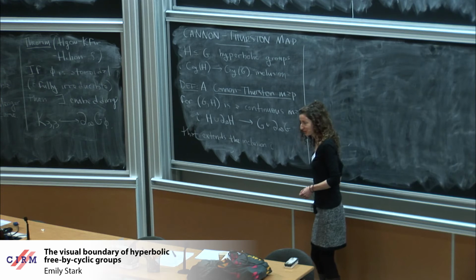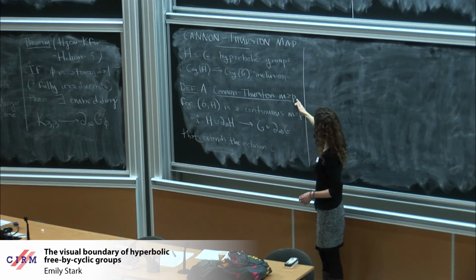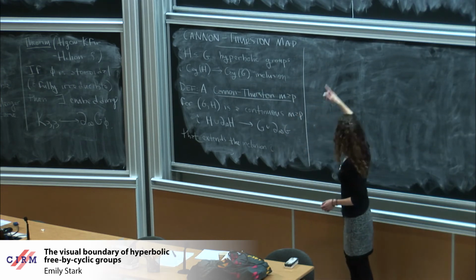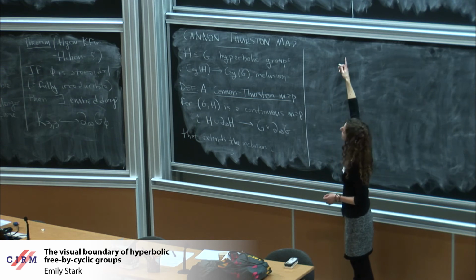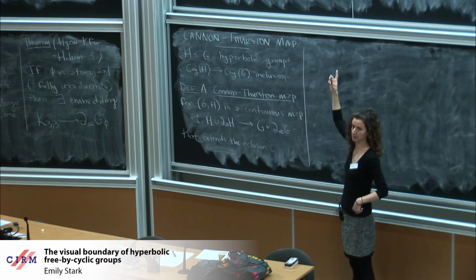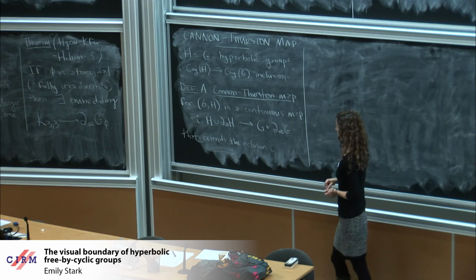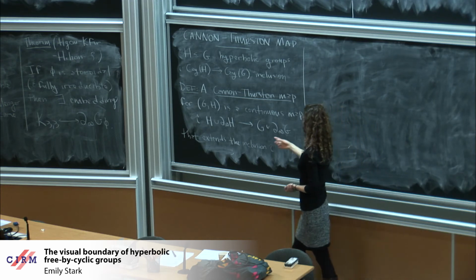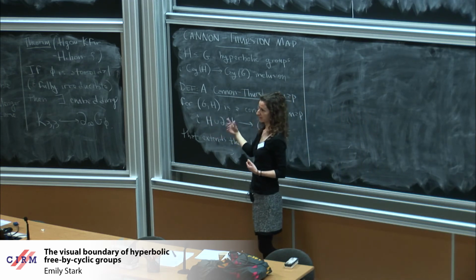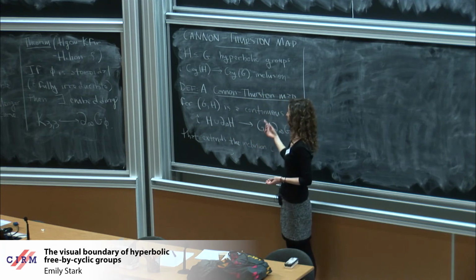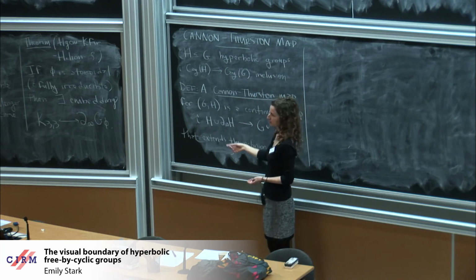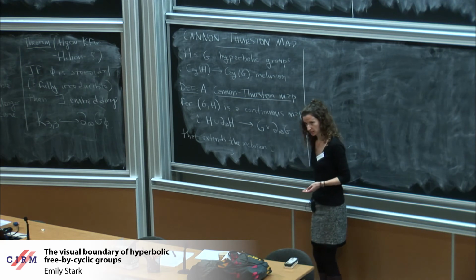So these maps were named after the work of Cannon and Thurston, who proved such maps exist for the fundamental group of a fiber inside the fundamental group of a closed hyperbolic three-manifold. And an interesting problem in geometric group theory is to ask for which pairs of groups does a Cannon-Thurston map exist, and if the groups are not hyperbolic, maybe for which boundaries does a Cannon-Thurston map exist.